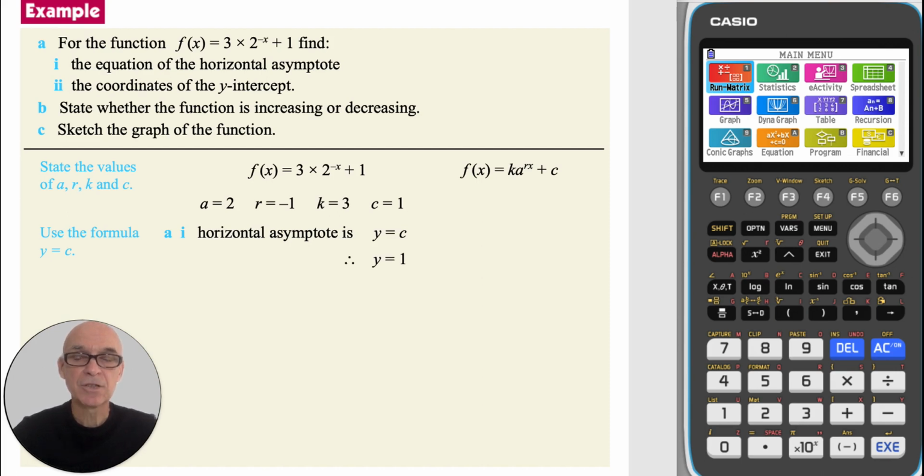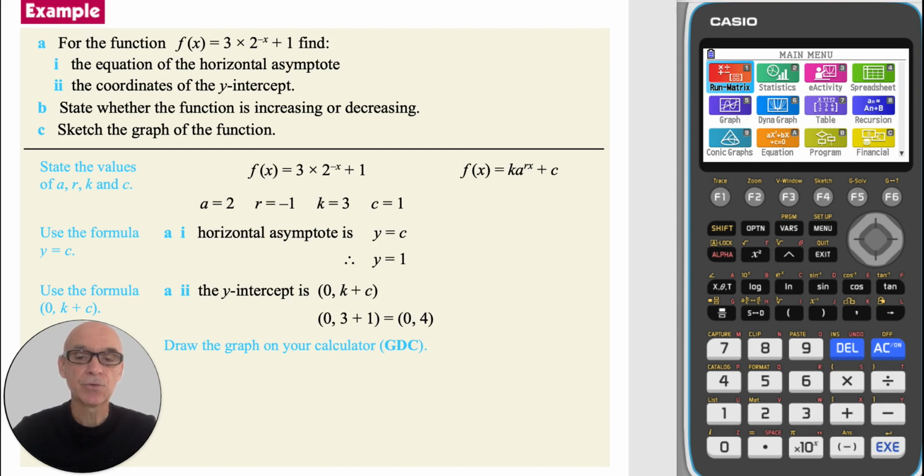So the equation of the horizontal asymptote is y is equal to 1. In part 2, to find the coordinates of the y-intercept, writing down the formula for the y-intercept, which is 0, k plus c, we see that the y-intercept has coordinates 0, 4.